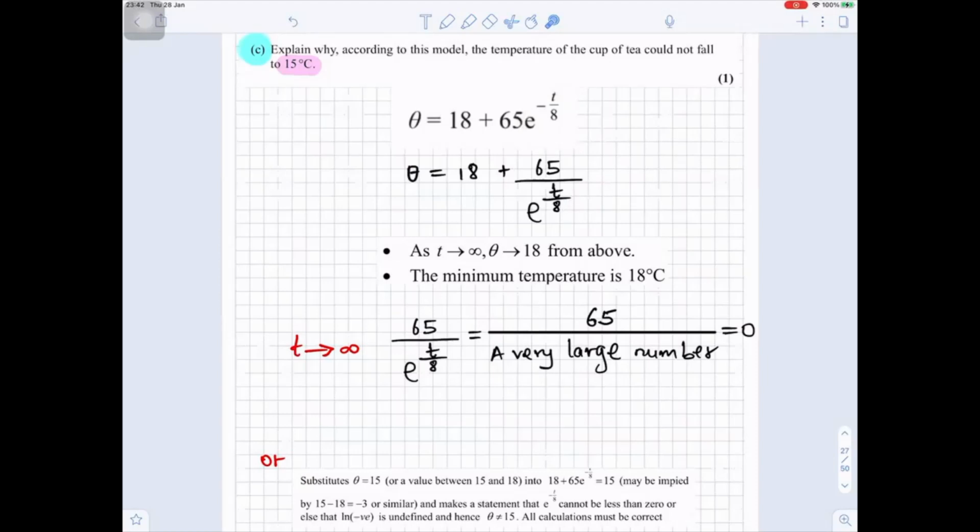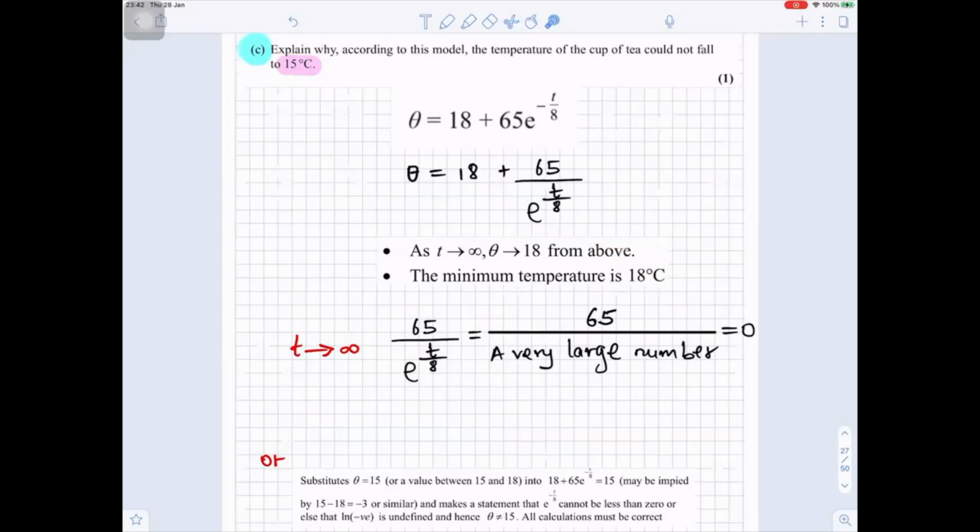So as t becomes very large, you're dividing 65 by a very large number, and all of that will be approximately 0. So the minimum temperature would be 18.